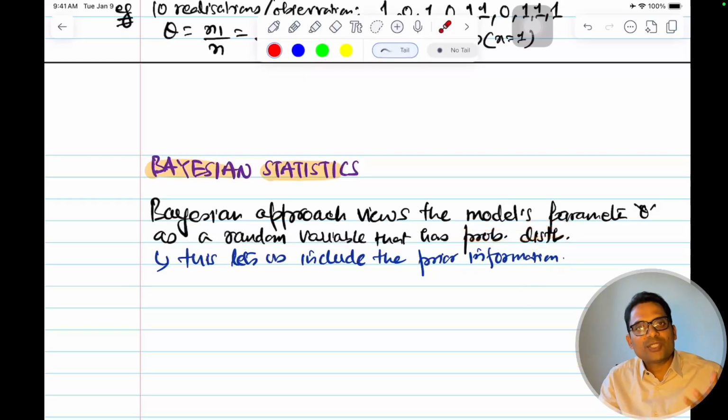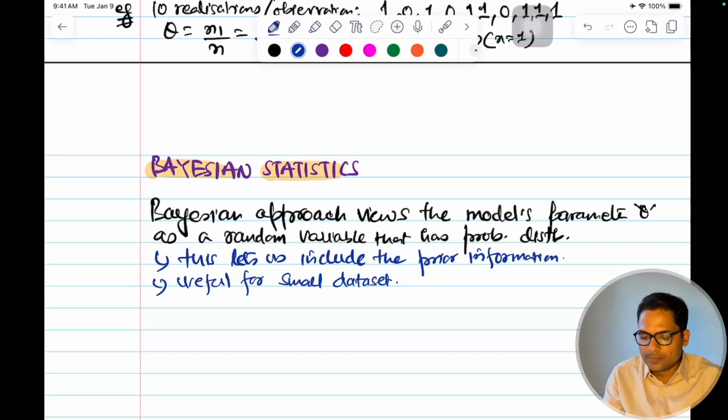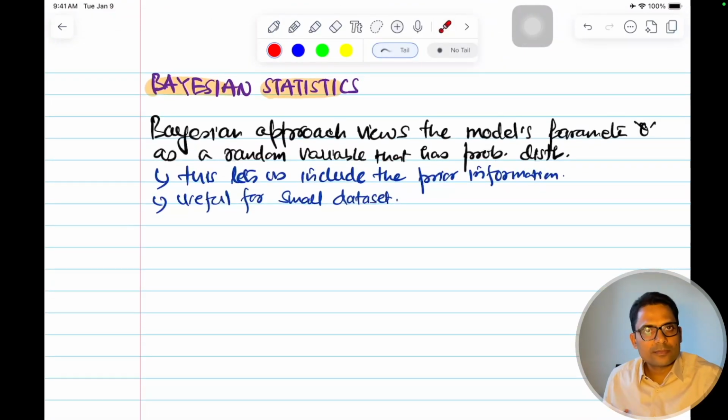There will be some prior information about the distribution of theta, and we can include that. It is very helpful when the sample size is small, useful for a small data set, where I can use the prior information to estimate what my parameters will be.